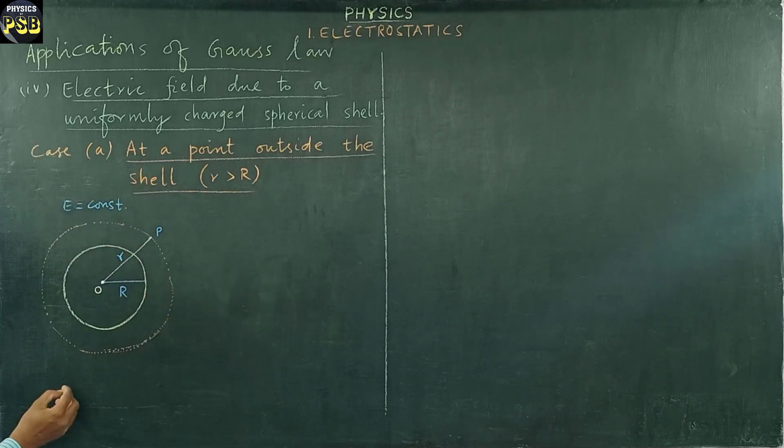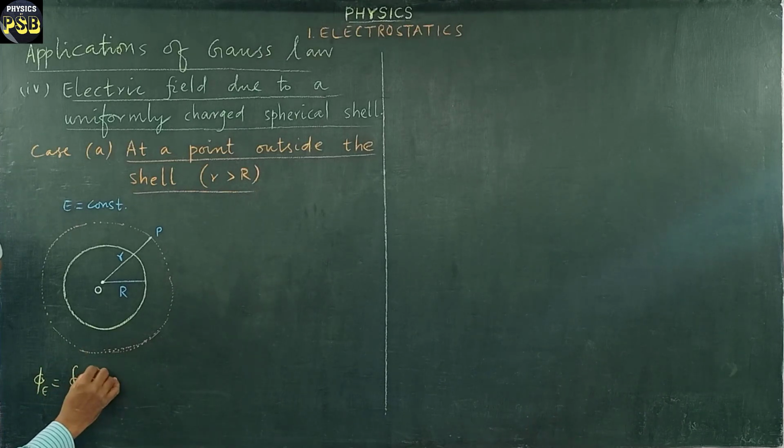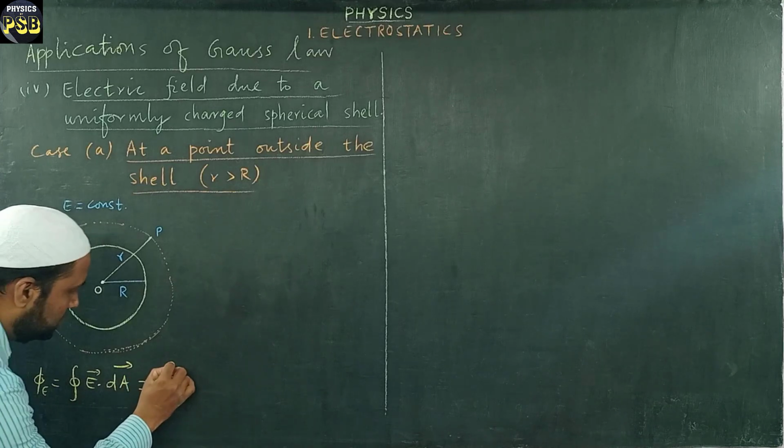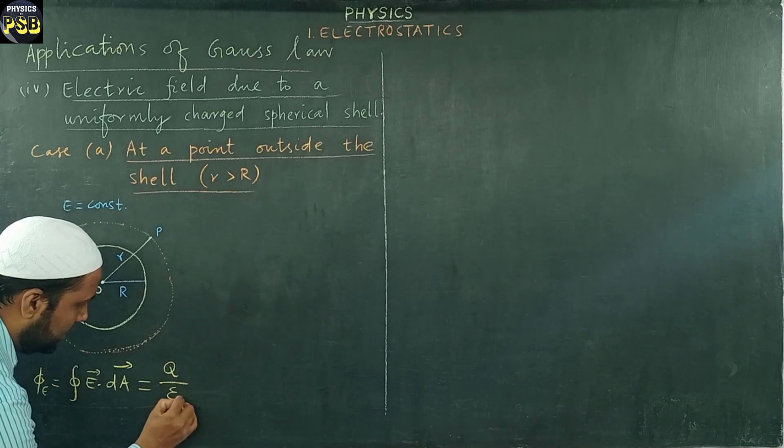What is the Gauss Law? It says that the electric flux Φ_E, which is equal to the closed integral of E vector dot dA vector, is the expression for electric flux, and it is equal to charge upon epsilon naught.